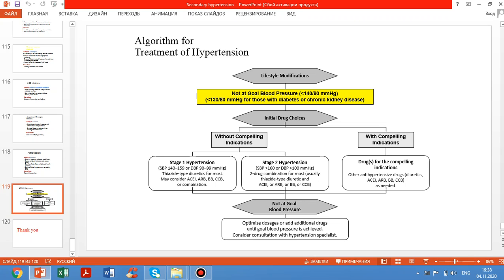Not at goal blood pressure: in this case, optimize dosage or add additional drugs until goal blood pressure is achieved. Consider consultation with a hypertension specialist.